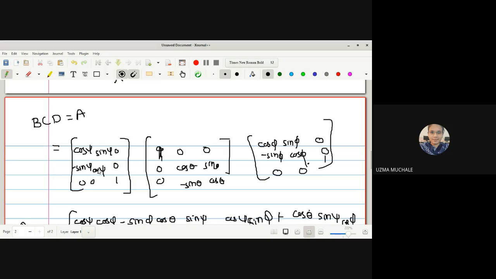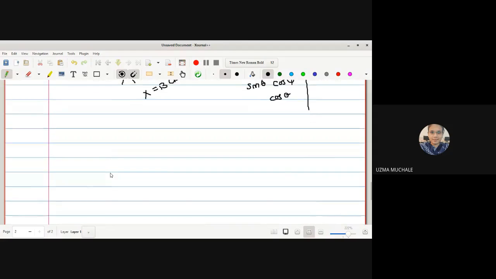This will be equal to 0, plus or minus 0 into 0. It is again 0, right? And if you take the square, cos square plus sin square plus 0 square, cos square plus sin square is 1. If you take the square of these terms, it should be equal to 1. And if you multiply the corresponding rows, or in another way the corresponding columns, it should be equal to 0. You know the property of an orthogonal matrix, right?